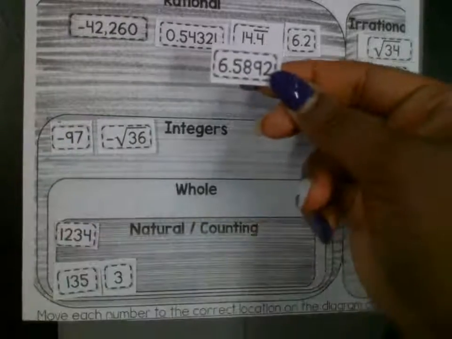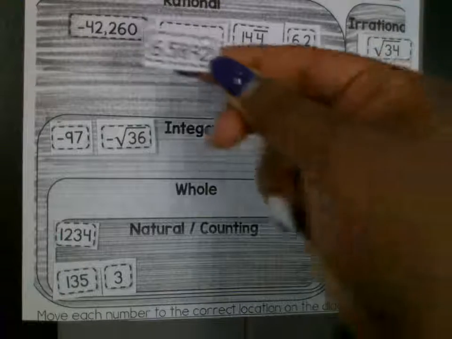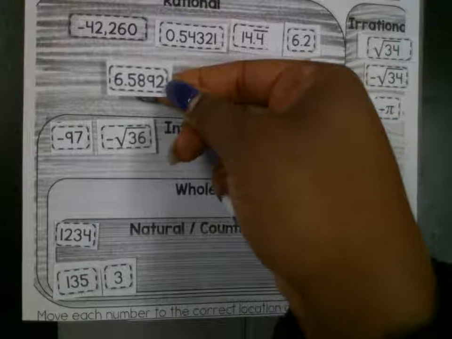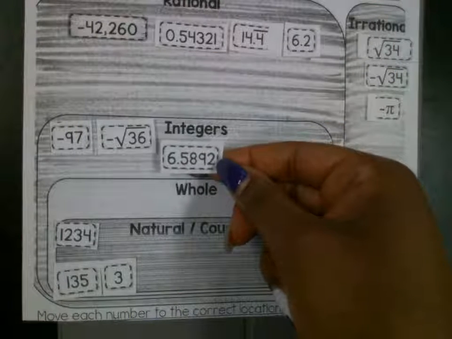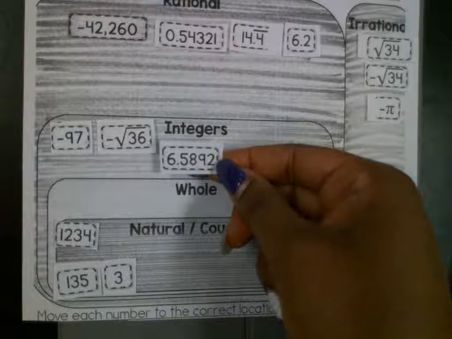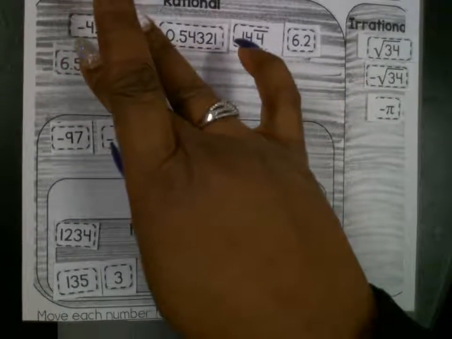All right, is this number rational or is this irrational? It's very rational. You don't see the dots at the end. This is a decimal that stops. So it is rational. Is it an integer? No. Decimals are not integers. So it's just rational and a real number.